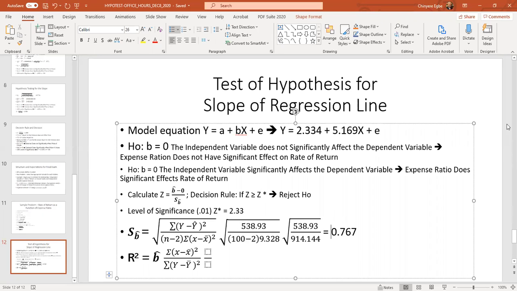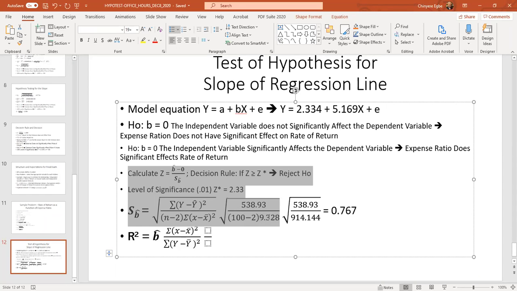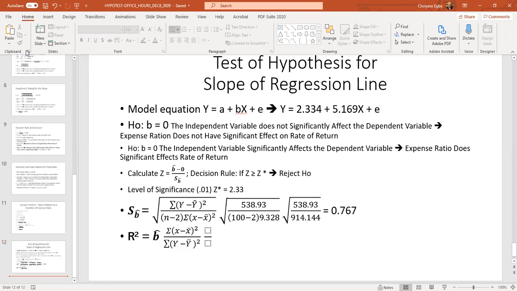Now remember, to test the hypothesis, we calculate a Z, which is B hat minus B. So I'm going to take all of this and put it in a different slide. And we're going to test a hypothesis. The null hypothesis is that B is 0.